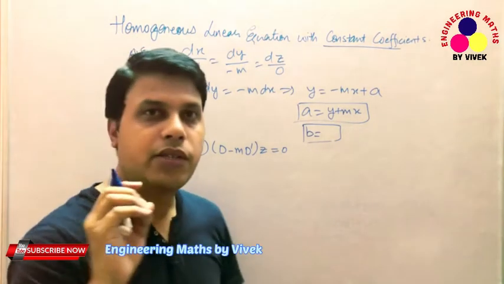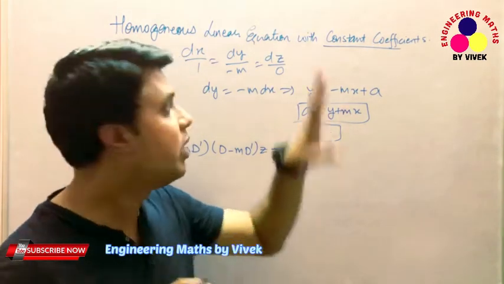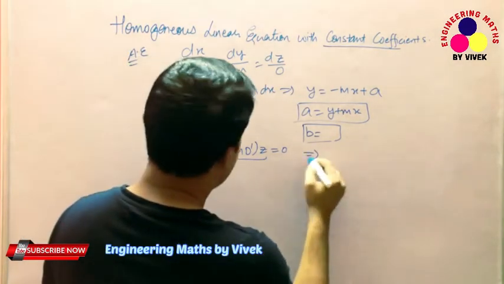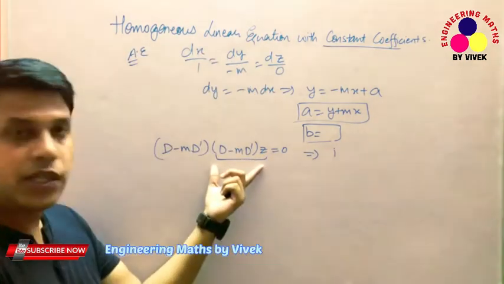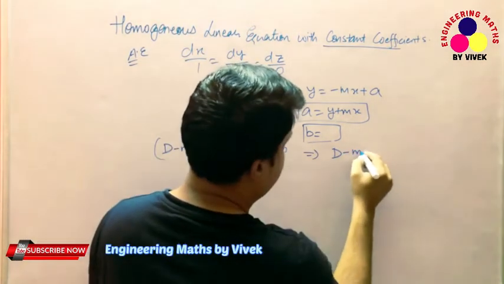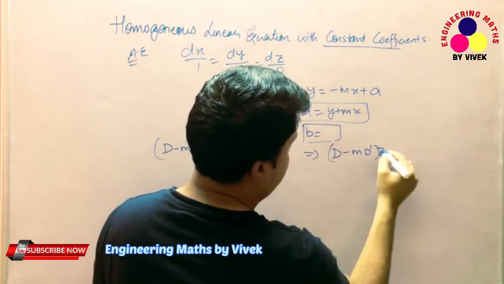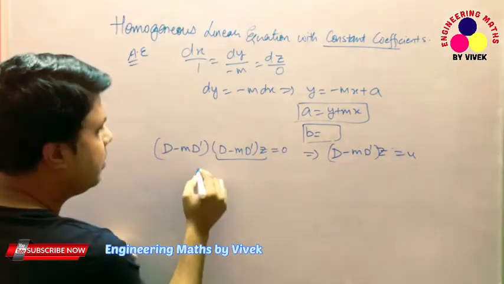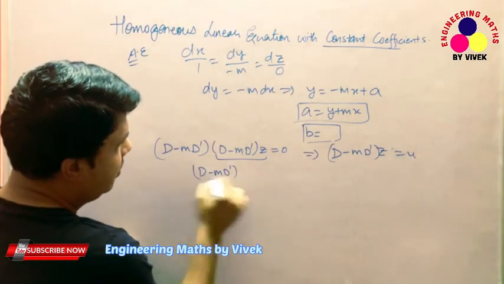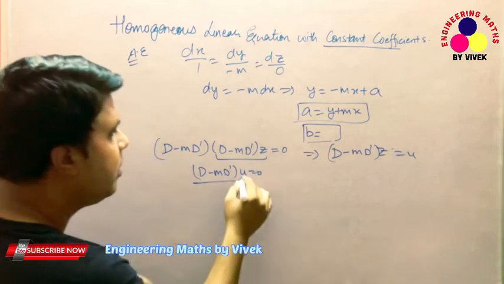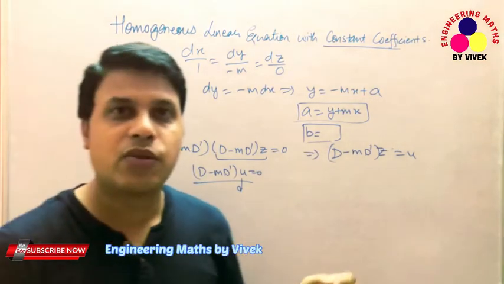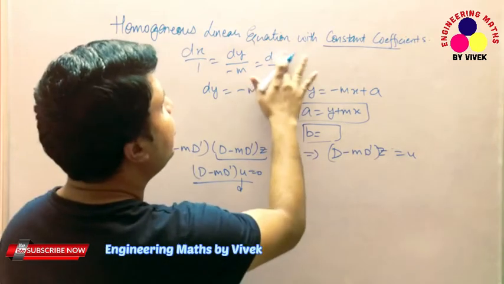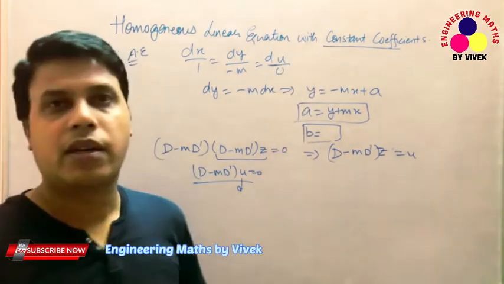Now actually there is one important notice that you have to take: in the previous equation, I have taken this equals to u. So what we got, here the dependent variable is u actually, so that's why we have to take du here, not dz.